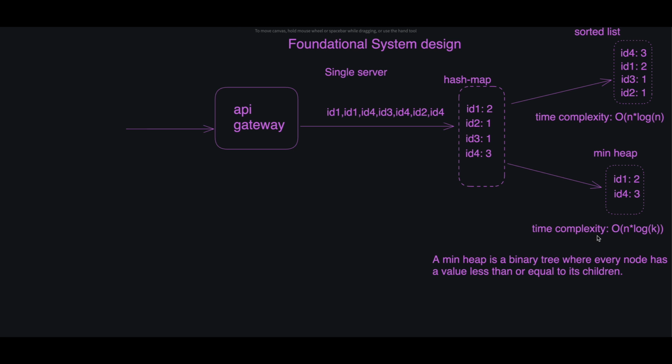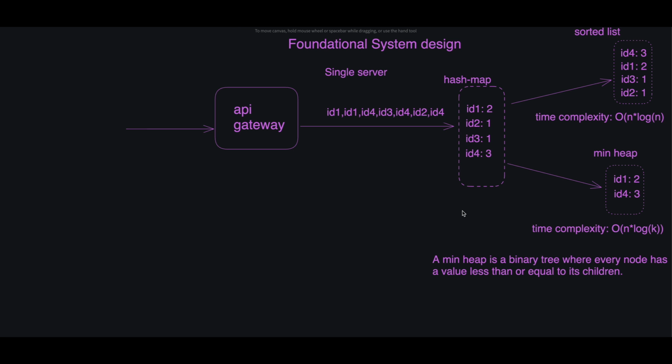And time complexity of operation will be n log k because log k is the time we need to remove from heap, and n is number of our unique IDs. So basically, maybe we would need to remove every ID, or specifically n minus k, maybe something like this. But okay, generally it will be n log k.